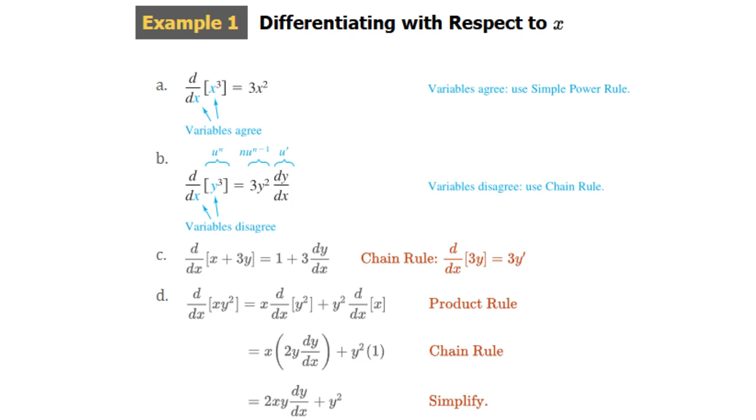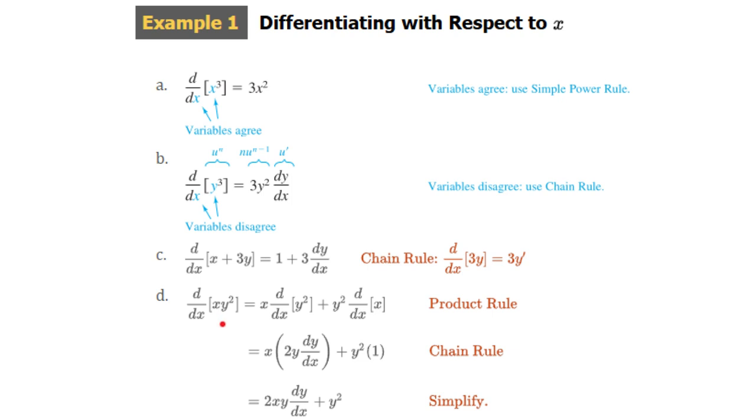Part C, if you have a combination of x and y, remember when you take the derivative with respect to x, you take the derivative as always. Derivative of x is 1. If the arguments or variables disagree, you still take your derivative. The derivative of 3y is 3, but you also have this dy dx notation.